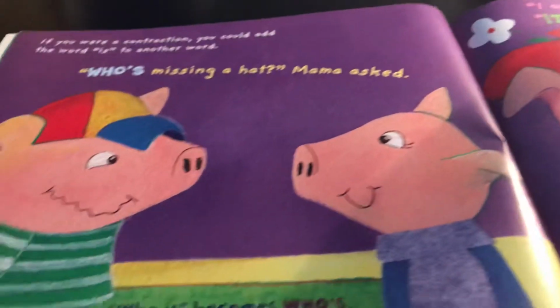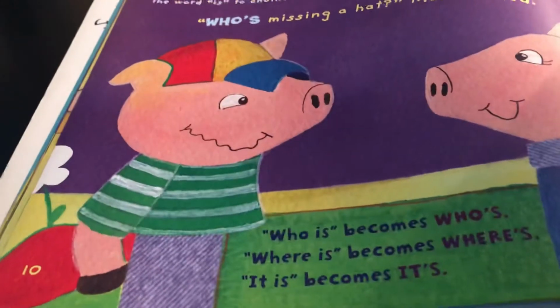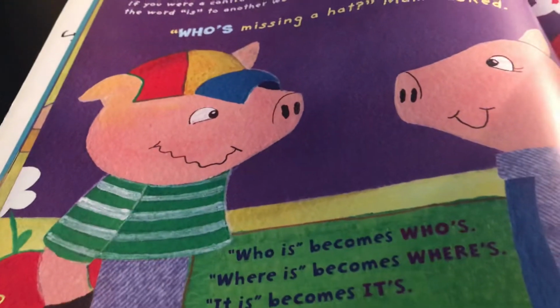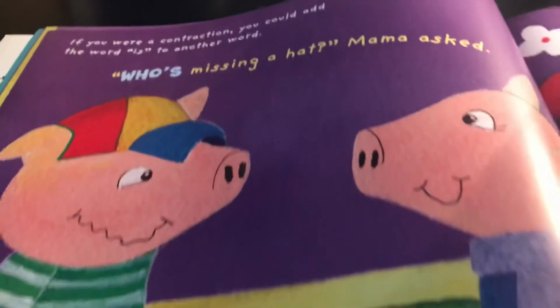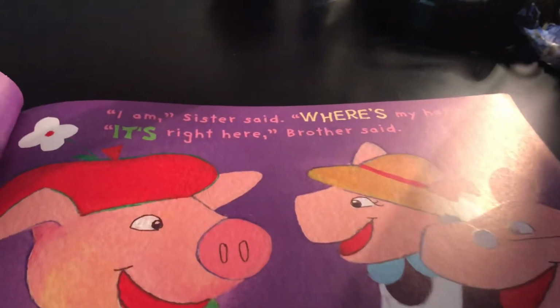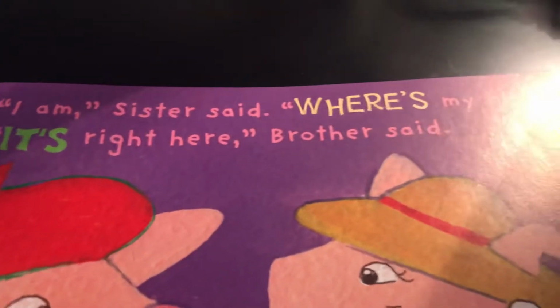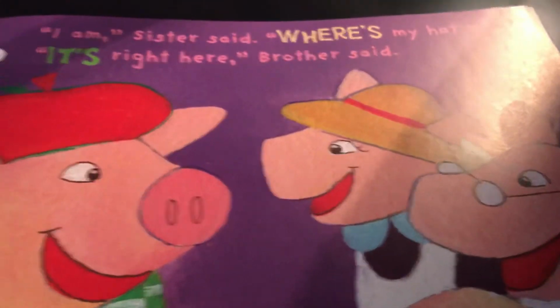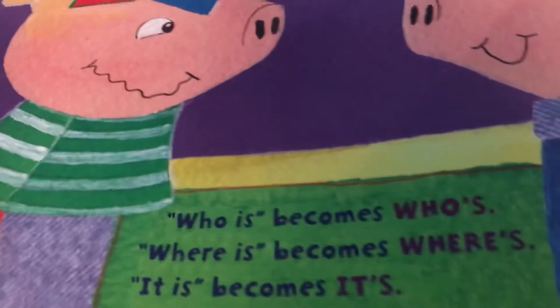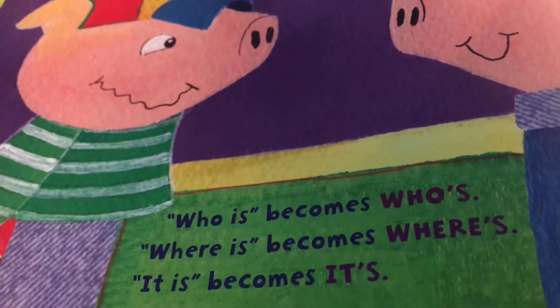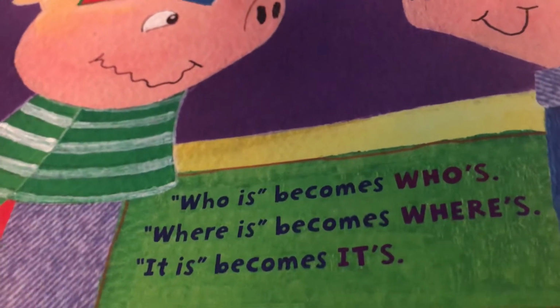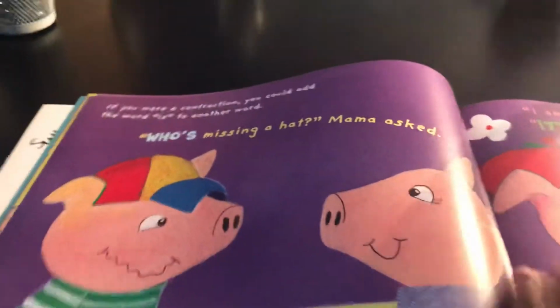If you were a contraction, you could add the word is to another word. Who's missing a hat, Mama asked. I am, Sister said. Where's my hat now? It's right here, Brother said. So who is becomes who's, where is becomes where's. It is becomes it's.